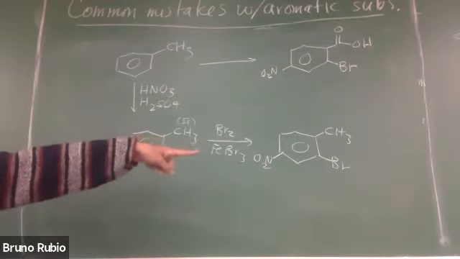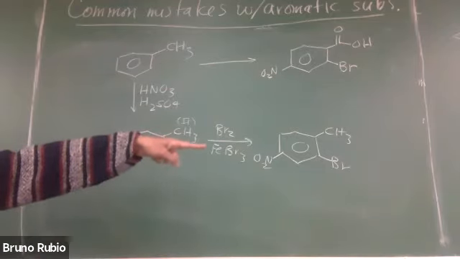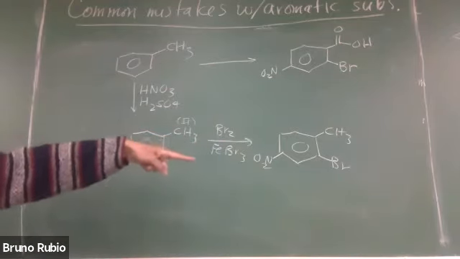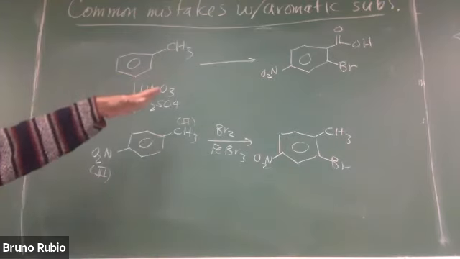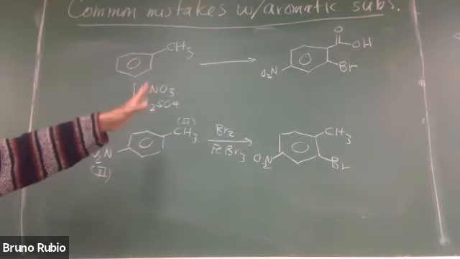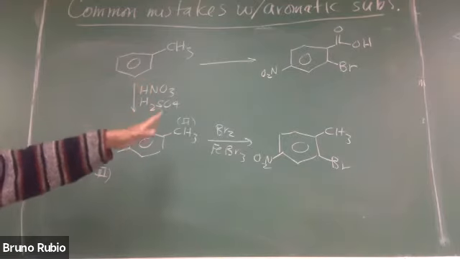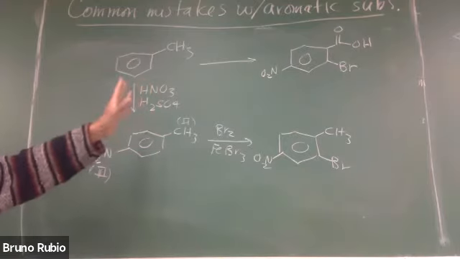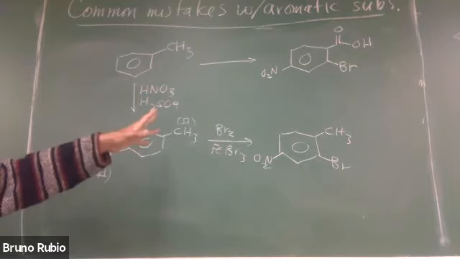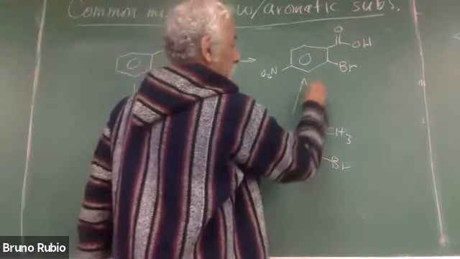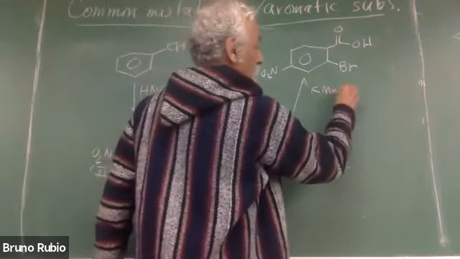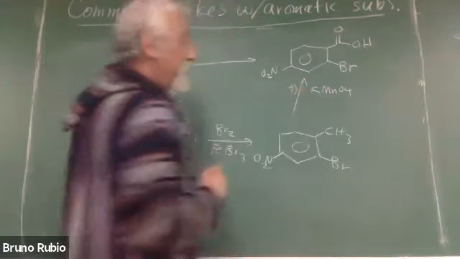If you remember how to go from an alkyl group to a carboxylic acid group, that would be KMnO4, or chromic acid oxidation. So I would use KMnO4. That would be my first step.